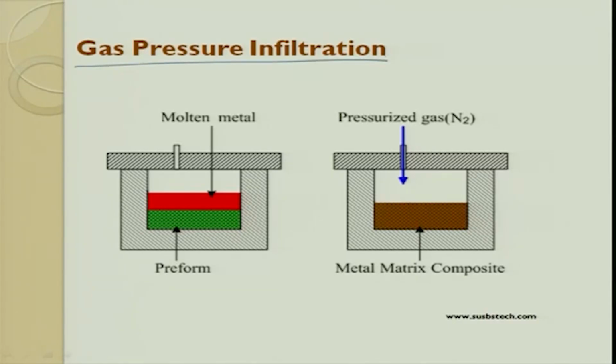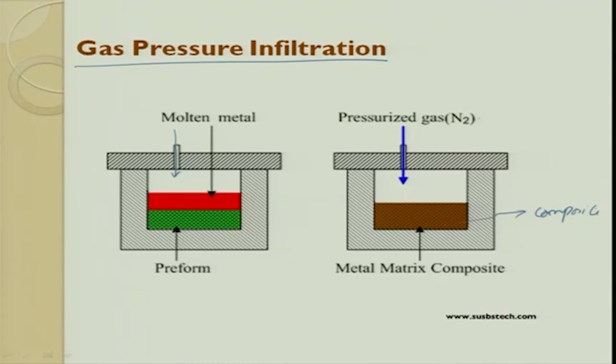So we have a container, we have metal, we have a preform, and we apply pressure through this. When we apply pressure, the liquid tries to get infused into the preform and make a composite.